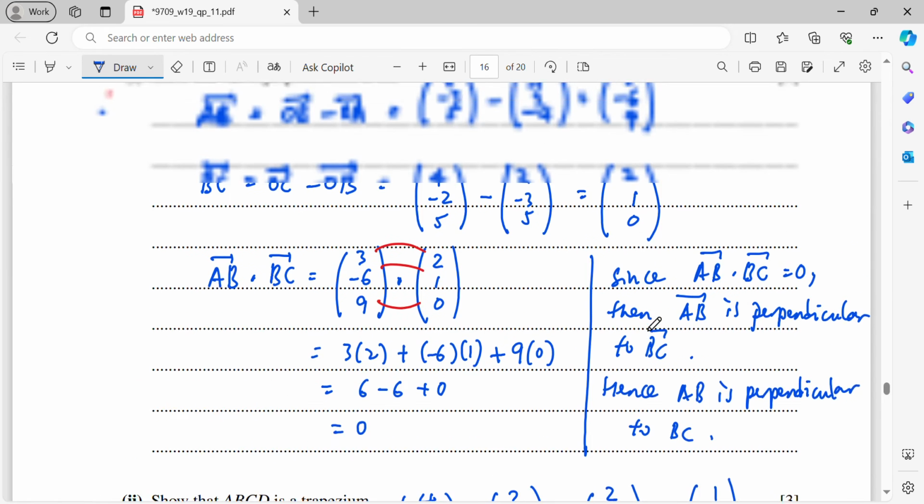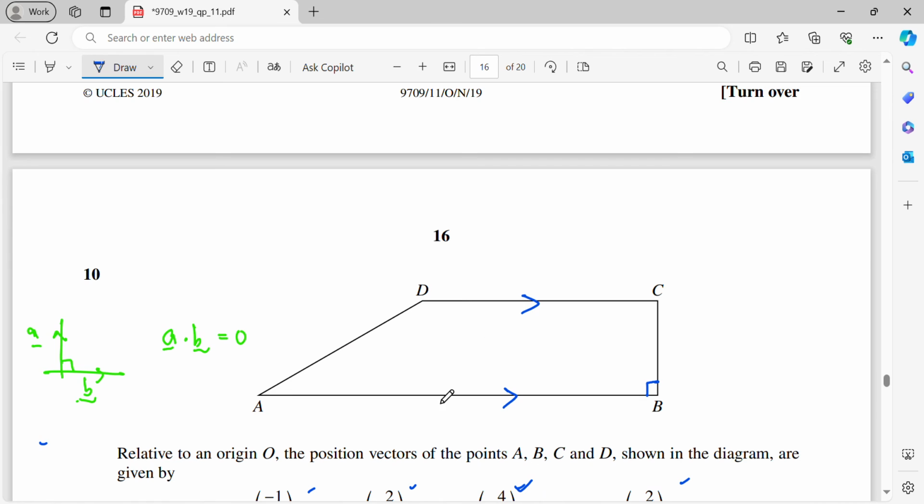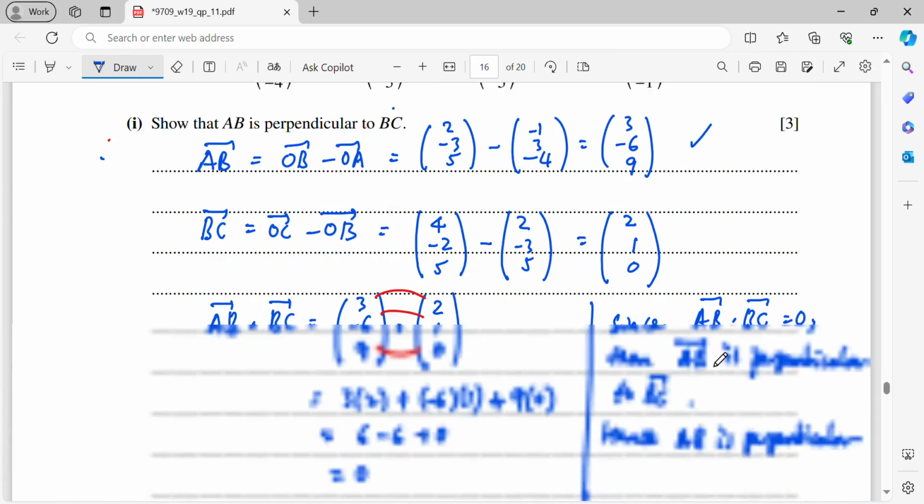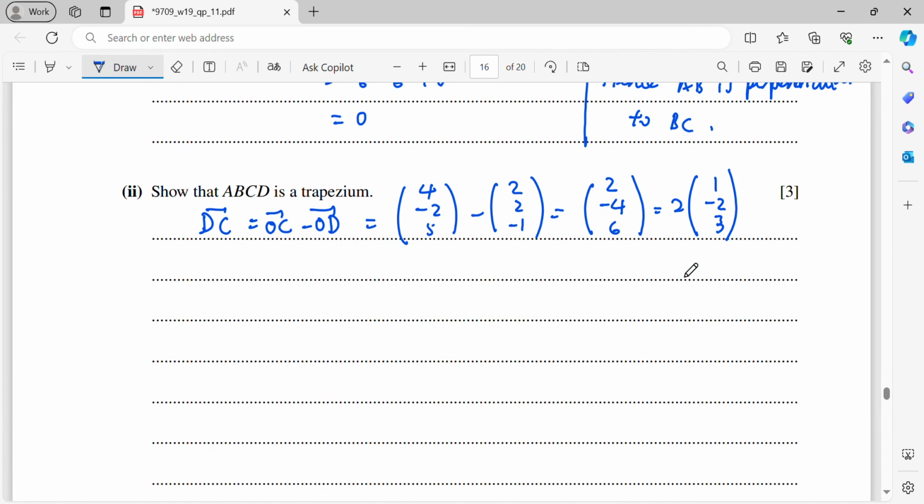And now I want to show that it is parallel to AB. So now I rewrite my AB first. My AB is (3, -6, 9). I notice that from these 3 components, the 3 is in common. So I will factorize the 3.